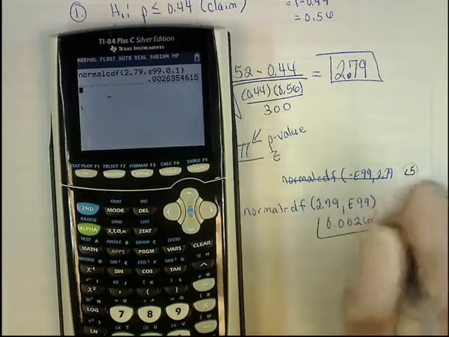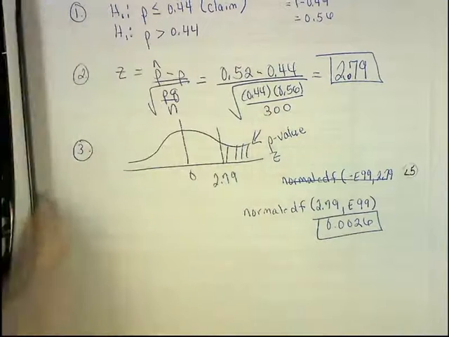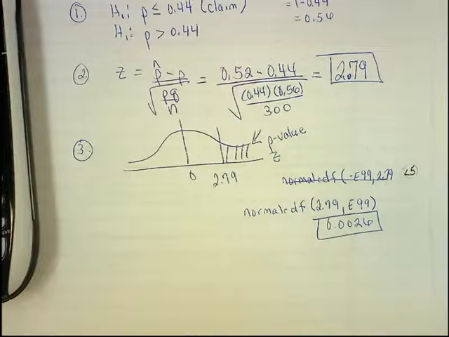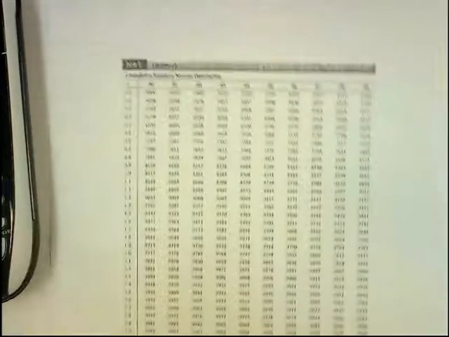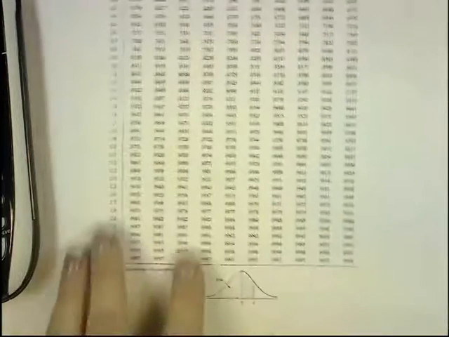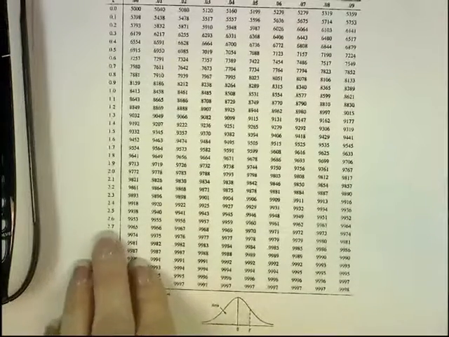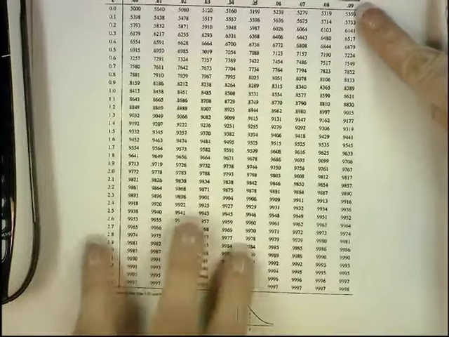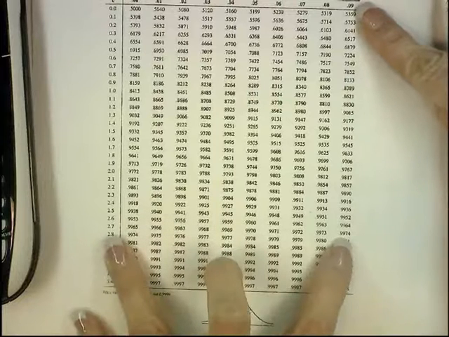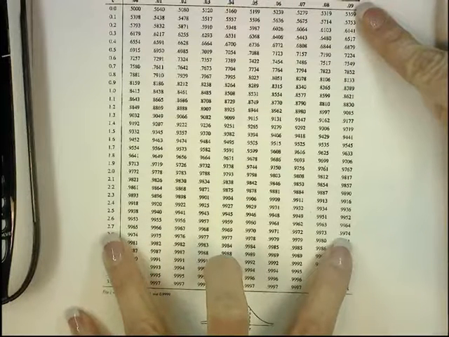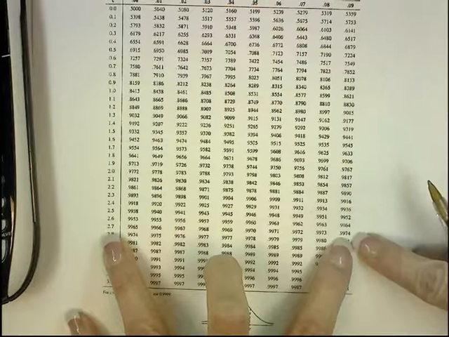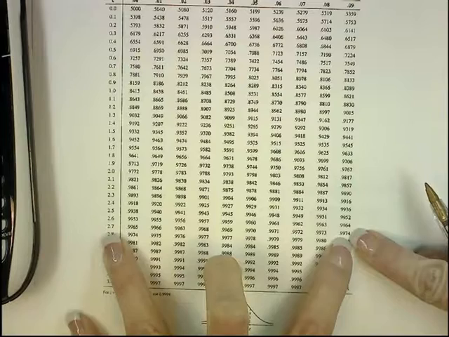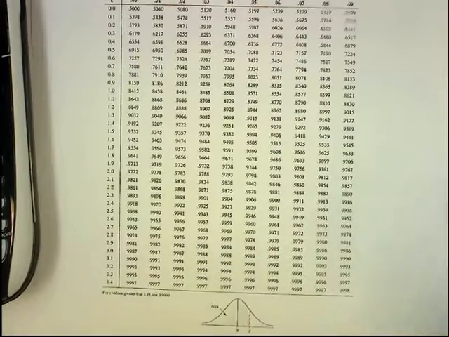Let's check out the table. If we check out our Z table and we look up a Z score of 2.79, we are here with the 2.7 and then 0.09, 0.9974. That's the area below your test statistic, 2.79, 0.9974.